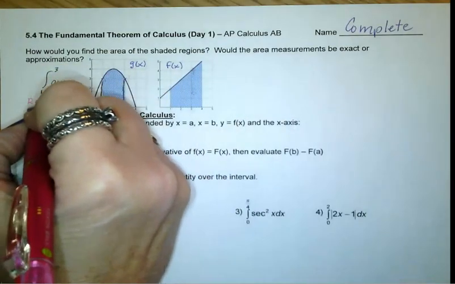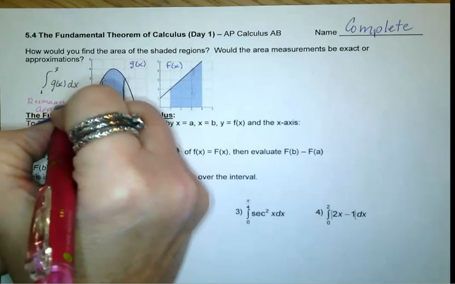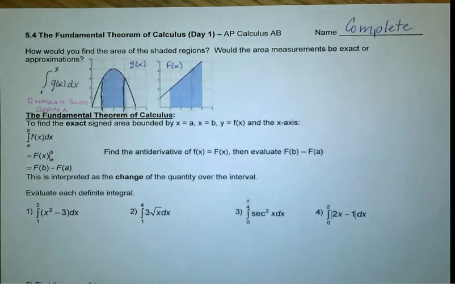All of that is going to be an approximation, right? We're going to approximate the area under the curve using one of our Riemann sums or trapezoidal sums to find this area.